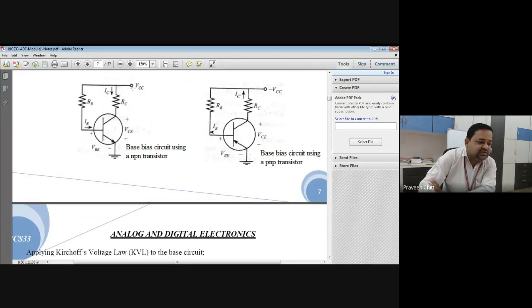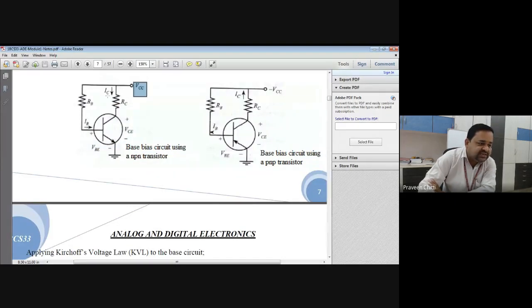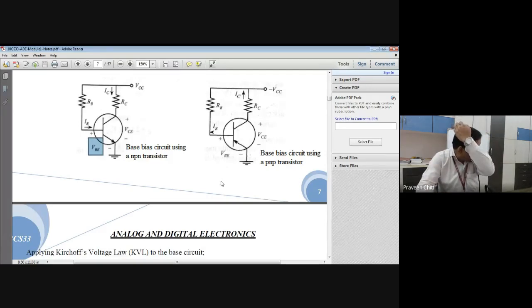I can write VCC, then the voltage drop across the resistor RB, which is IB into RB, and the voltage drop between base and emitter, which is VBE. The algebraic sum of these voltages should be equal to 0. That is what Kirchhoff's voltage law is: the algebraic sum of the voltages in a closed path or closed loop is equal to 0.